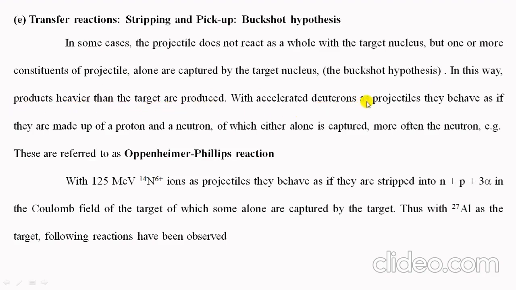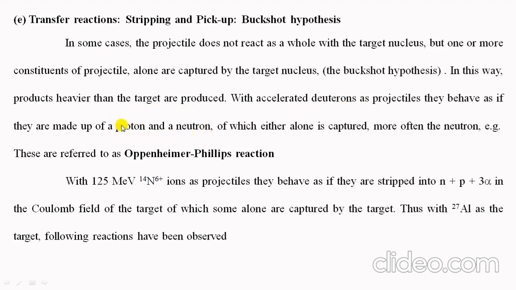With accelerated deuterons as a projectile, they behave as if they are made up of a proton and a neutron. Here the deuteron is the projectile, and it does not react as a whole with the target nucleus, but reacts through one or more constituents, the proton and the neutron.